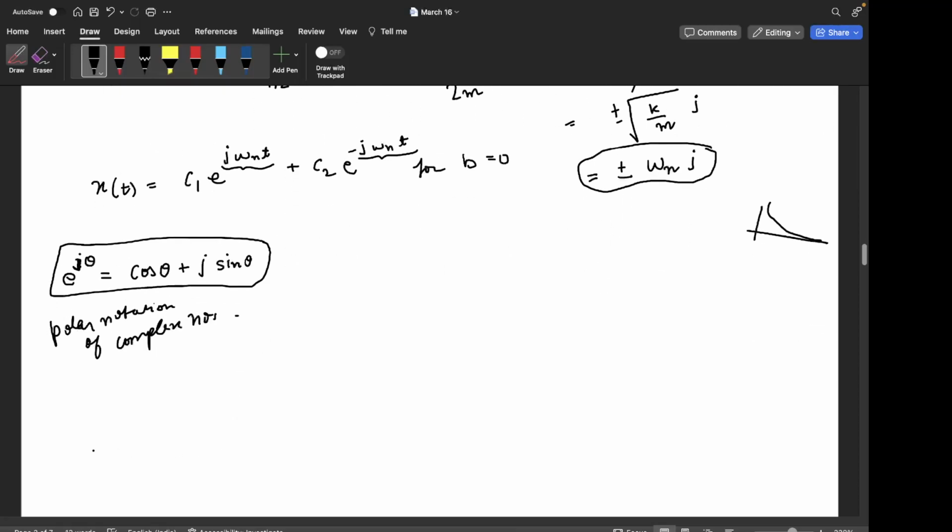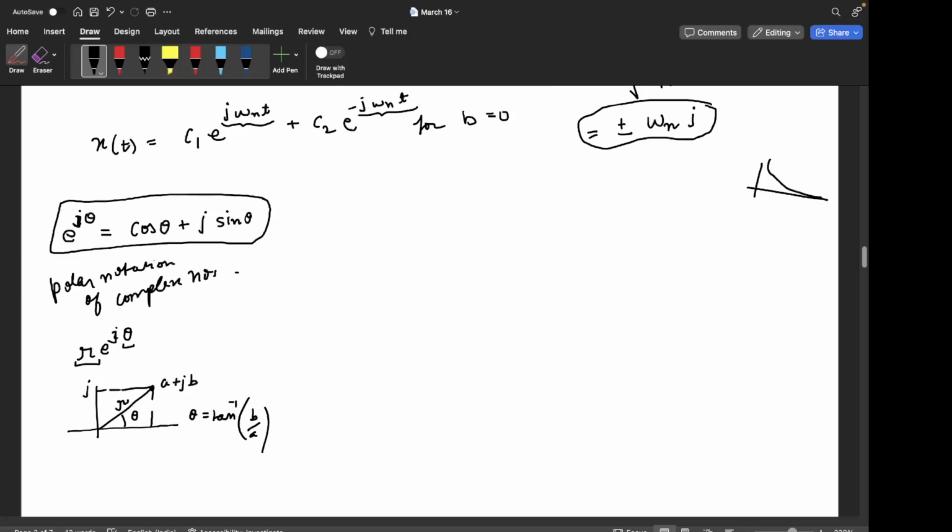And generally, a more general form is to write r times e to the j theta, where r is the magnitude and theta is the argument, right? So it's like this is the Argand plane, and if here is a complex number a plus jb, then the x-axis is the real axis, the y-axis is the imaginary axis, then theta is tan inverse b by a, right?